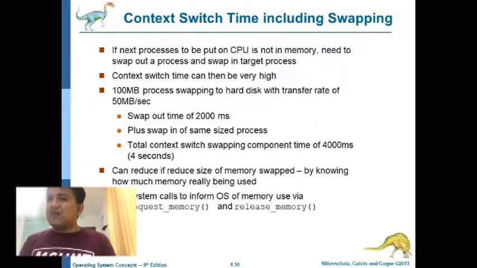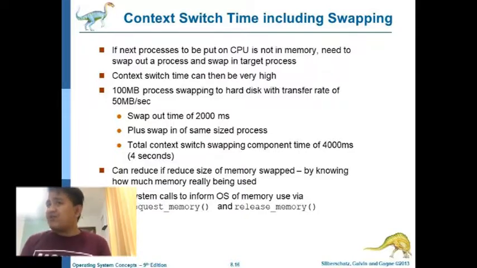Now, for us to understand what a context switch time is, assume that I have a 100 MB process swapped into a hard disk with a transfer rate of 500 megabytes per second. To identify the possible context switch time, we divide 100 MB by 500 MB per second to solve for the swap out time.